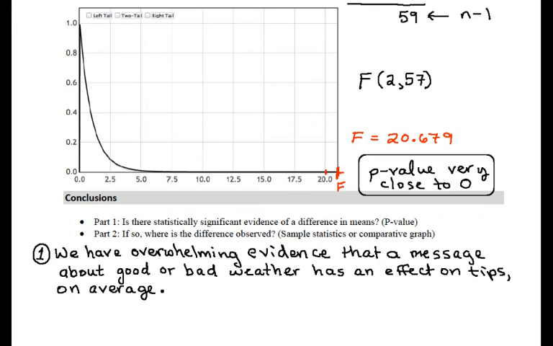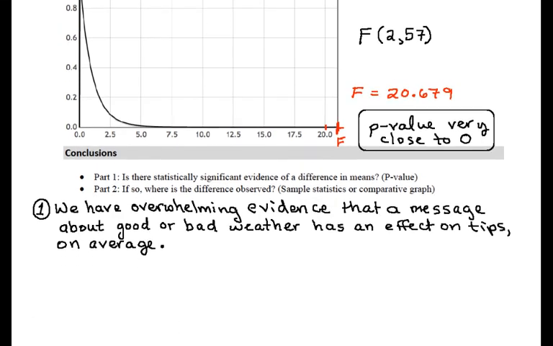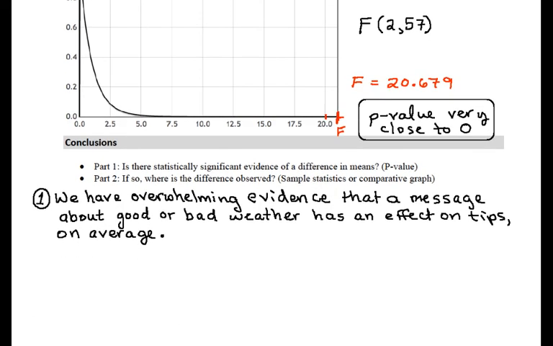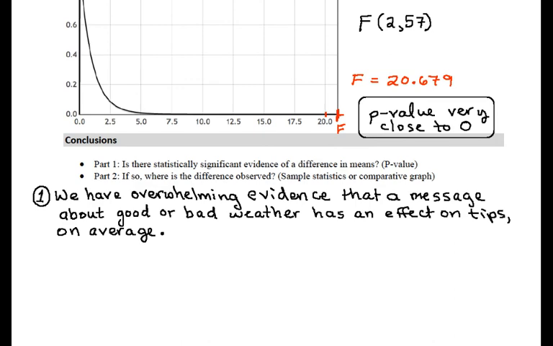Since it's not a random sample of bills from a lot of restaurants, we really can't necessarily extend this out to a very large population. But we can establish the causality here. So we'll choose language that focuses on establishing that causality. For part 2, we need to look back at those different sample means or look back at that box plot and see where the biggest difference is observed.